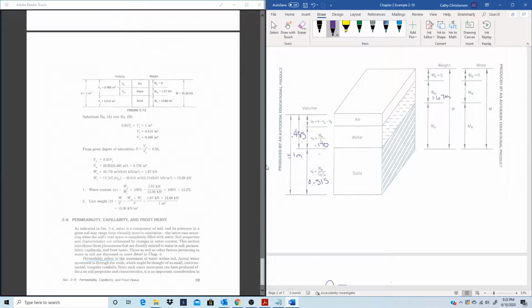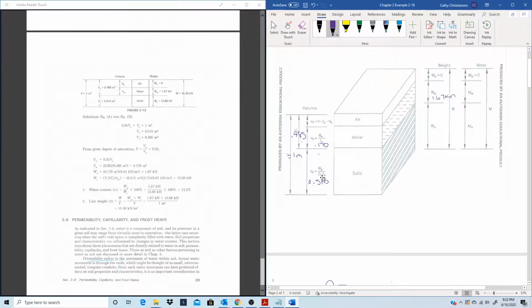That's kilonewtons. And then the weight of the solid, since we've got the specific gravity of the solid, we can take the volume of the solid, 0.515, and multiply that by the specific gravity of the solid times unit weight of water.